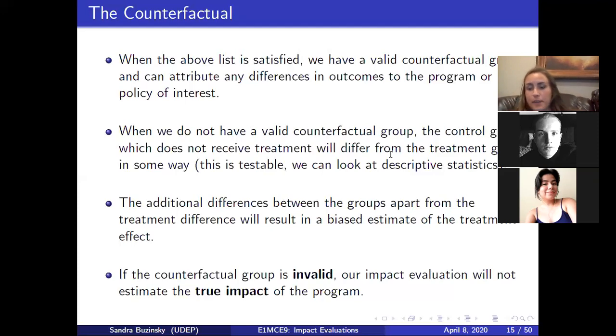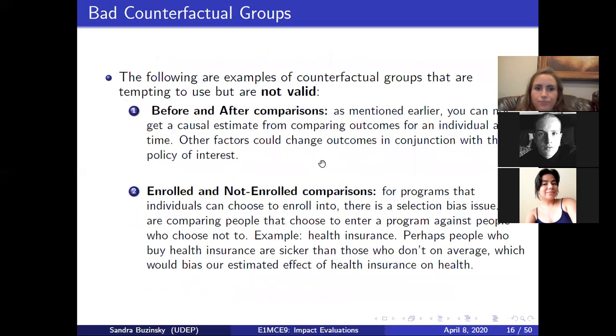We can estimate a positive effect when it's really negative. So whenever we have an invalid counterfactual group, our impact evaluation will not estimate the true impact of the program.